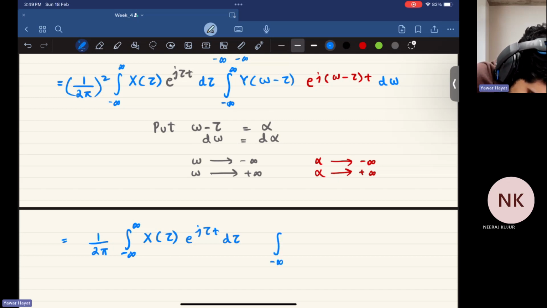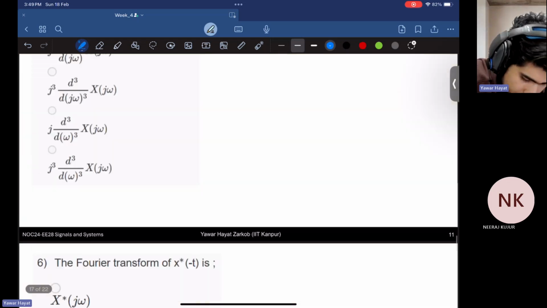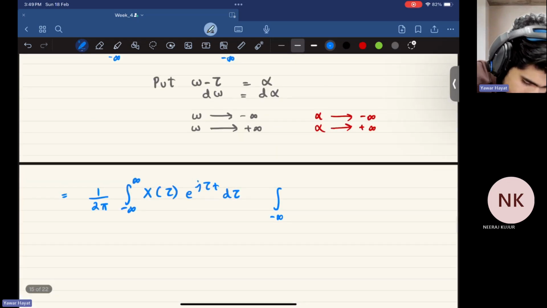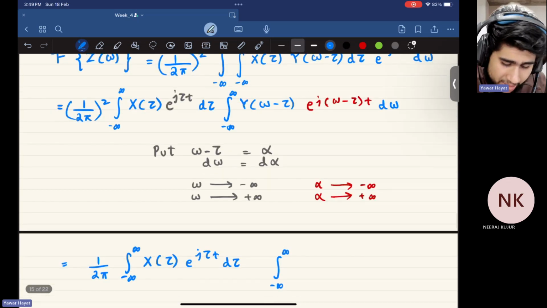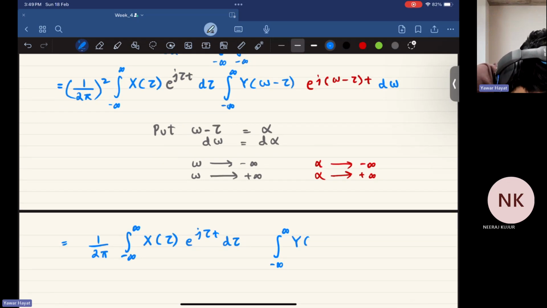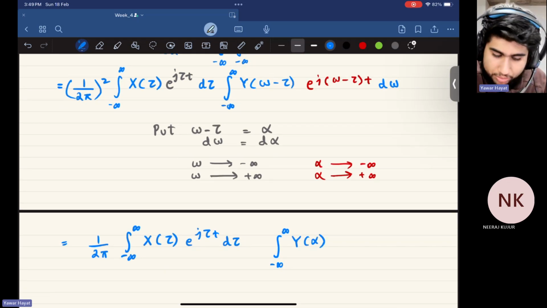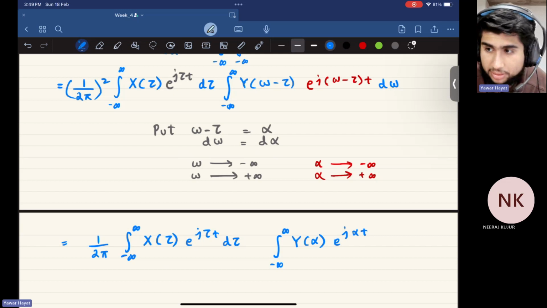The limits don't change, right? The limits are still minus infinity to plus infinity. Y of omega minus tau, that is y of alpha, as discussed before. E to the power j omega minus tau t, that is e to the power j alpha t, right?